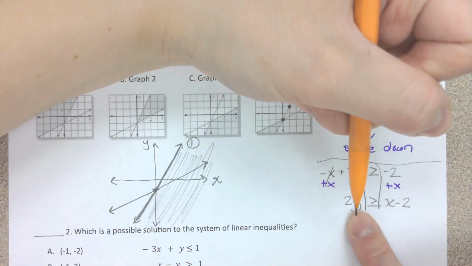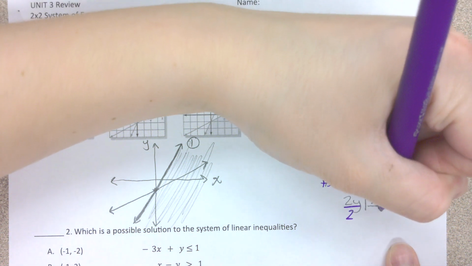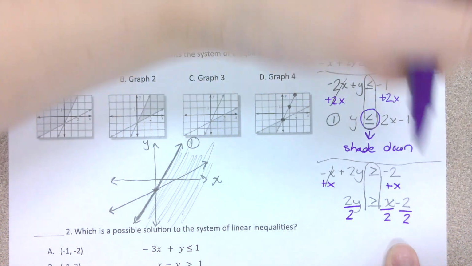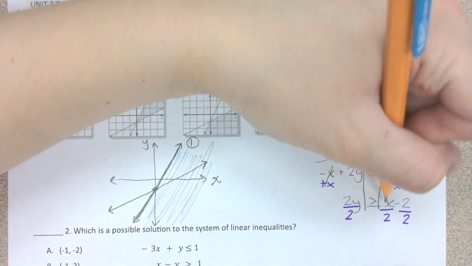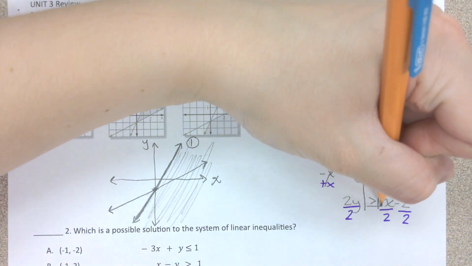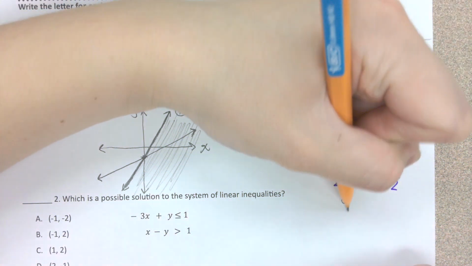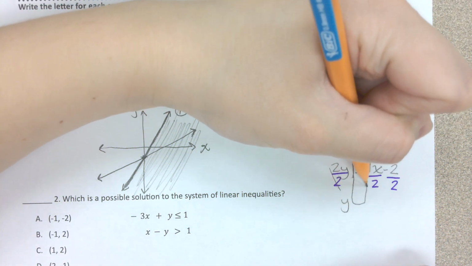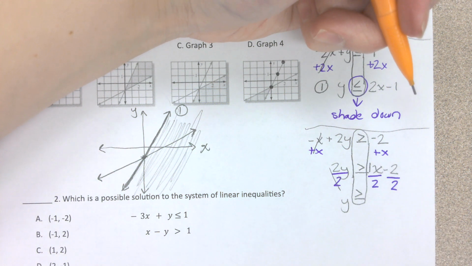And then we need to get rid of the 2. So we're going to divide everything by 2. Now, x over 2, that's a little awkward. So there's a 1 in front of this x. I'm going to write it in for my final step. We have y is greater than or equal to 1 over 2 x.